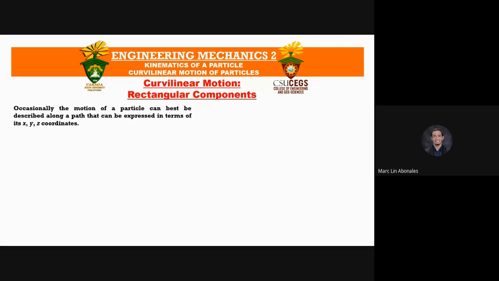Like what I mentioned kanina sa general curvilinear motion, when you describe the motion of a particle moving along a curved path, it is convenient to describe it in three-dimensional. So when I say three-dimensional, that is representing in terms of x, y, z coordinates. These x, y, z coordinates are what we call rectangular components.